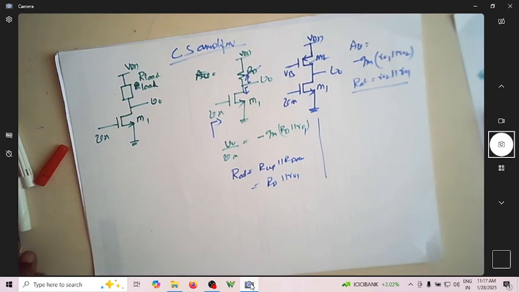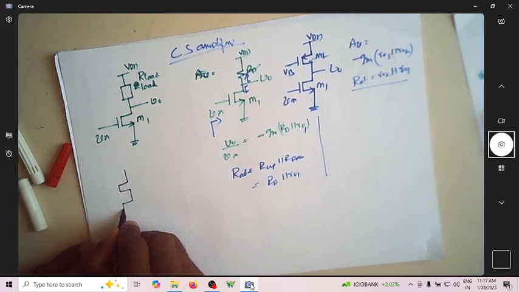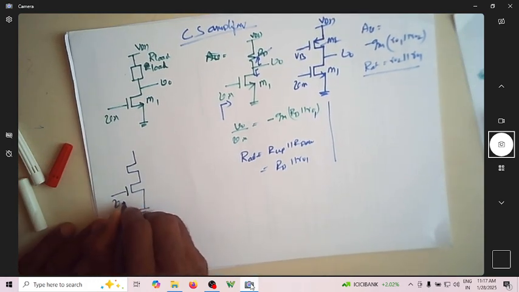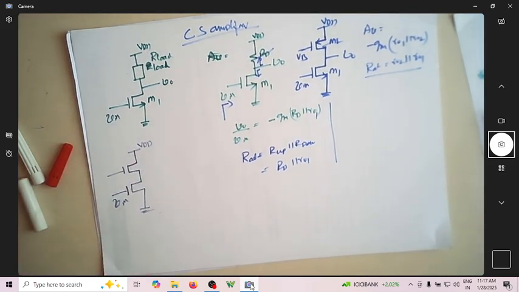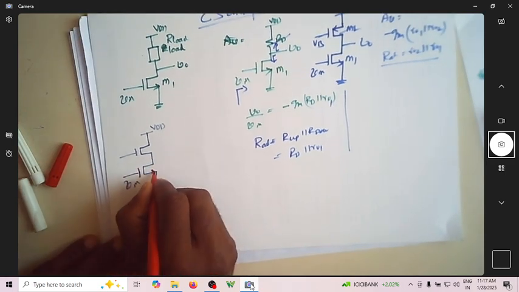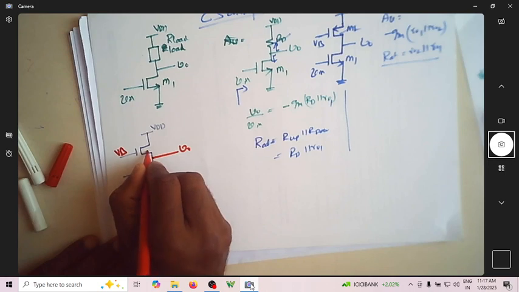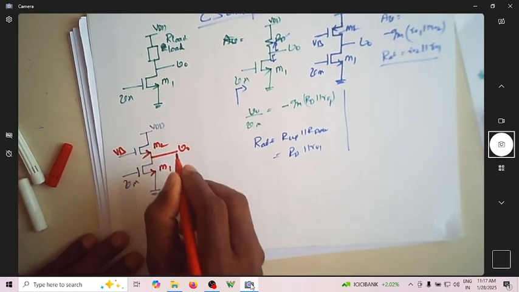And what is the other possibility? Other possibility can be this. This is V in, I can have this as VDD, this is V0, I can have it as VB. Assume that this is also an NMOS transistor, this is M2.